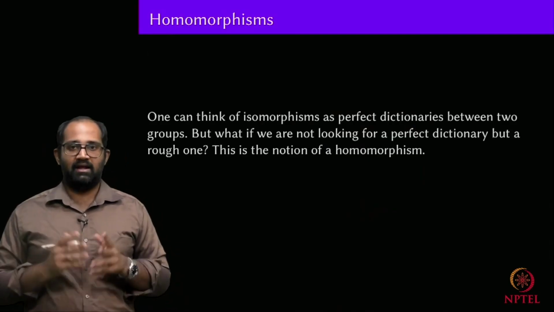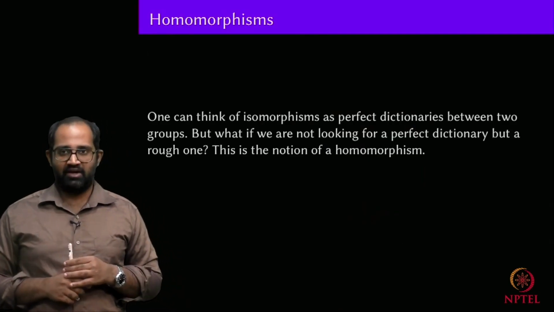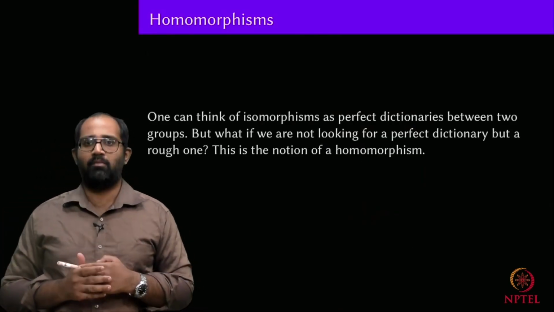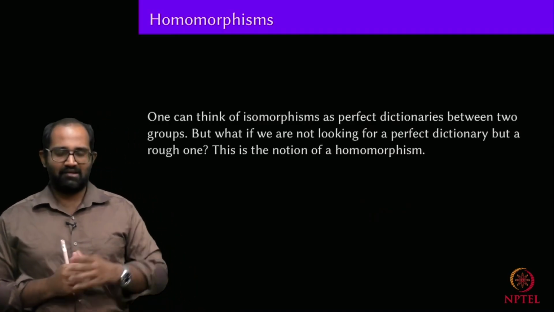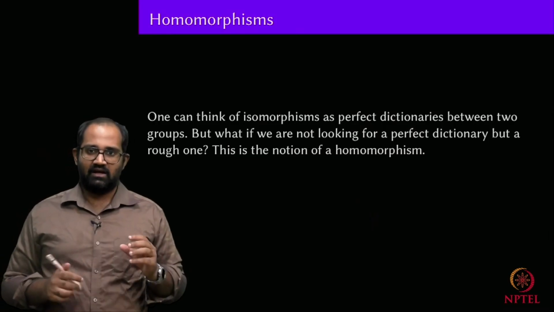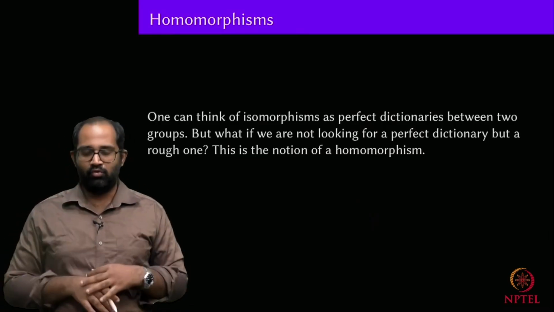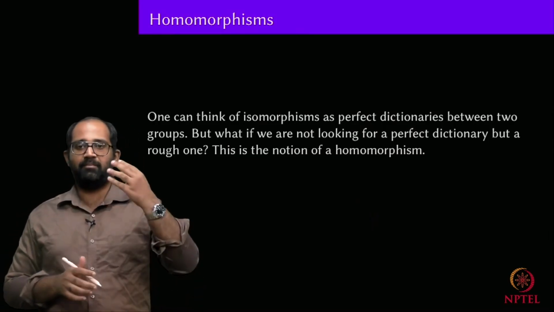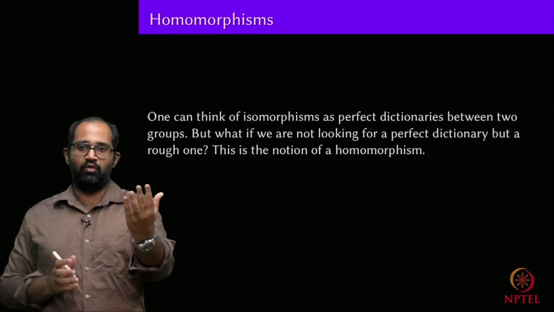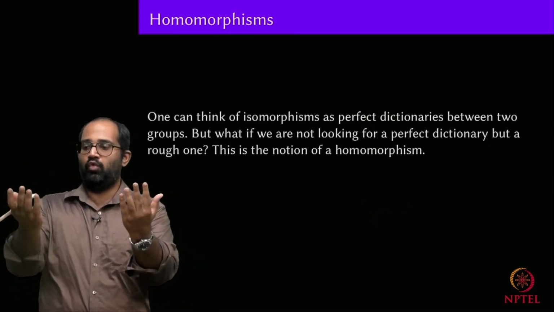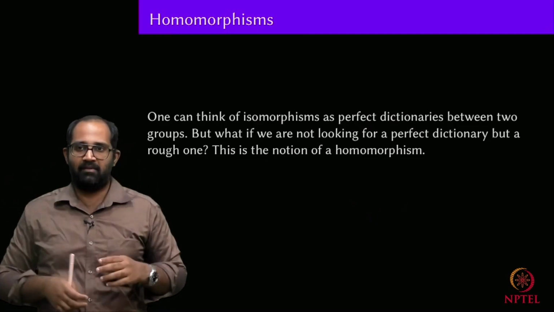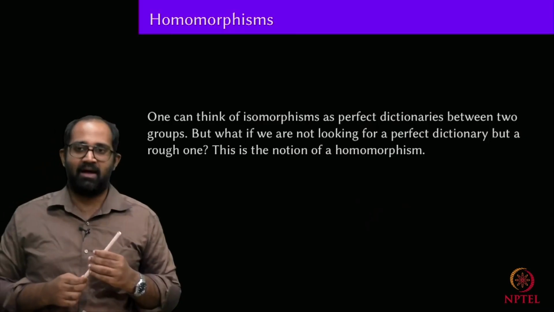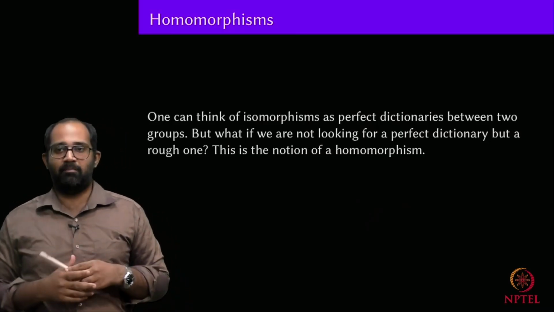Now, with that example done, we can move on to more general material, the notion of a homomorphism. You can think of an isomorphism as a perfect dictionary that allows you to translate between two groups. Whatever algebraic identity you prove in group 1 will be true in group 2, because the isomorphism respects the algebraic structure, the binary operation, and it is also bijective.